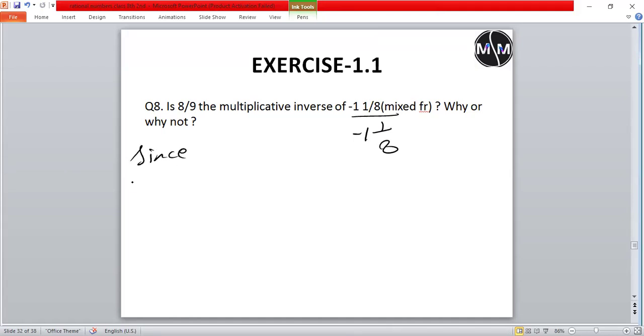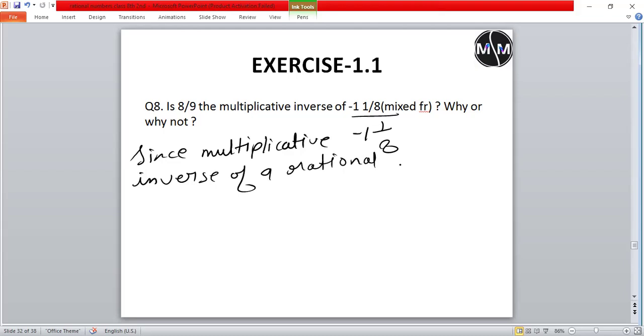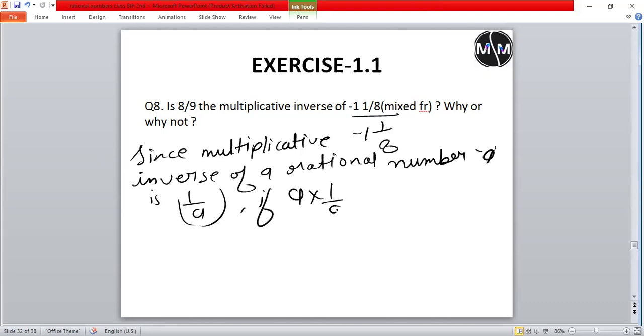Since the multiplicative inverse of a rational number A is 1 by A, A multiplied by 1 by A is equal to 1.